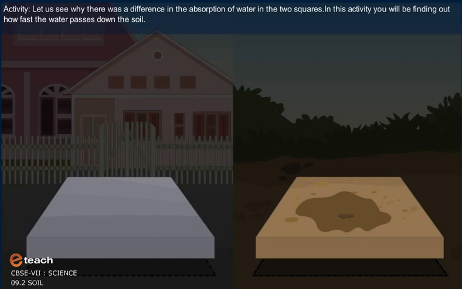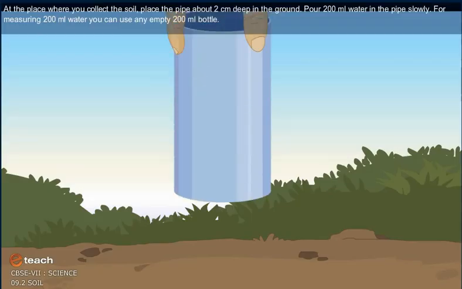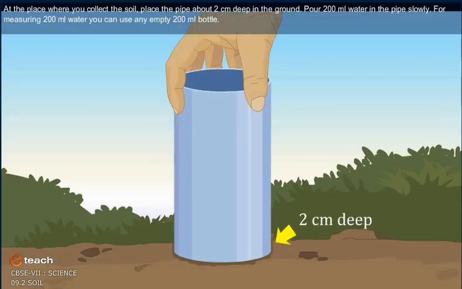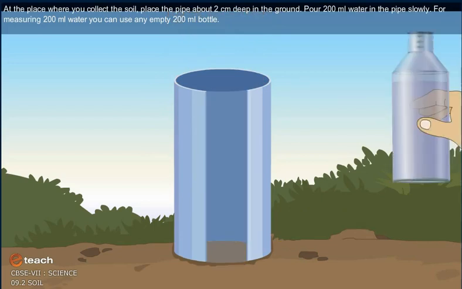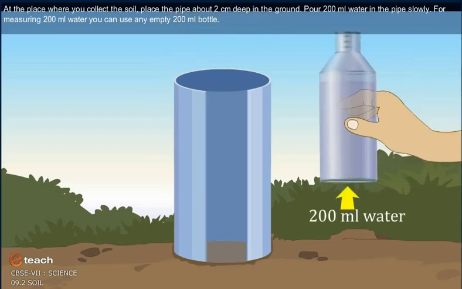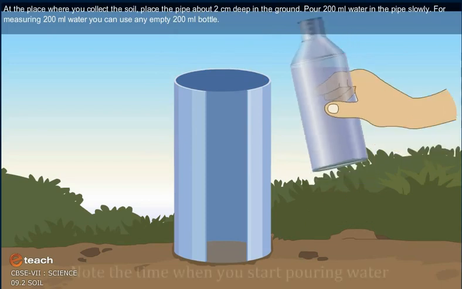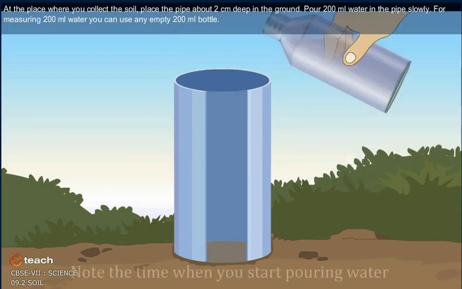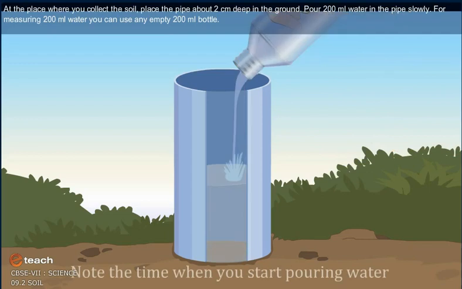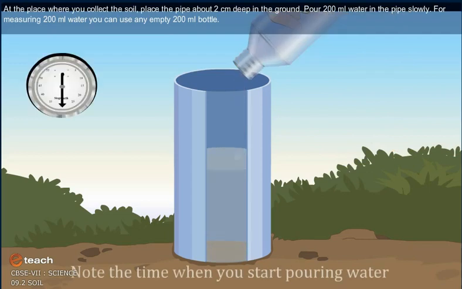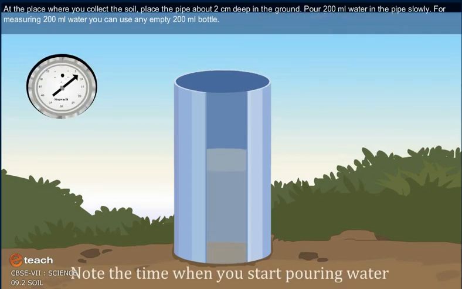In this activity, you will be finding out how fast the water passes down the soil. At the place where you collect the soil, place the pipe about 2 centimeters deep in the ground. Pour 200 ml water in the pipe slowly. For measuring 200 ml water, you can use an empty 200 ml bottle.